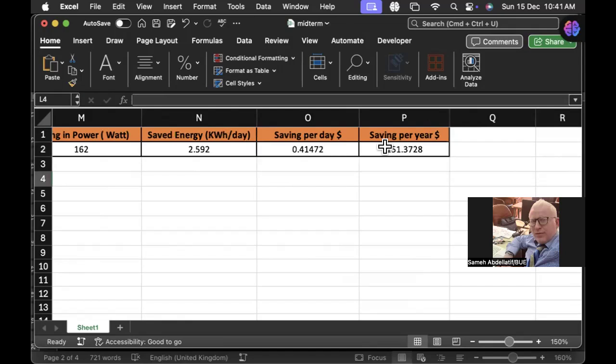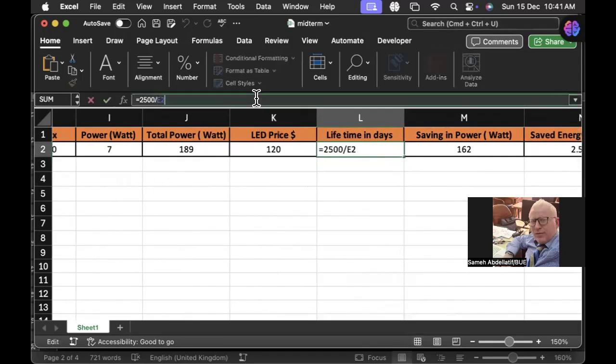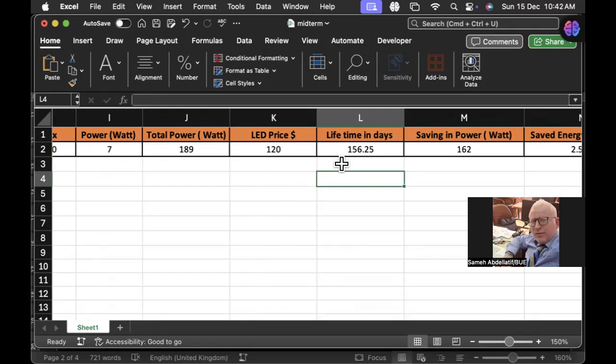I'm going to make savings instead of losing money. However, due to the limited lifetime, as you can see here, it's working 16 hours a day, I'm sorry. So for this 2,500, it only works for 156 days, which is less than half a year. So that means that after 6 months, I'm going to replace this lighting source. And of course, this is not an economic solution.